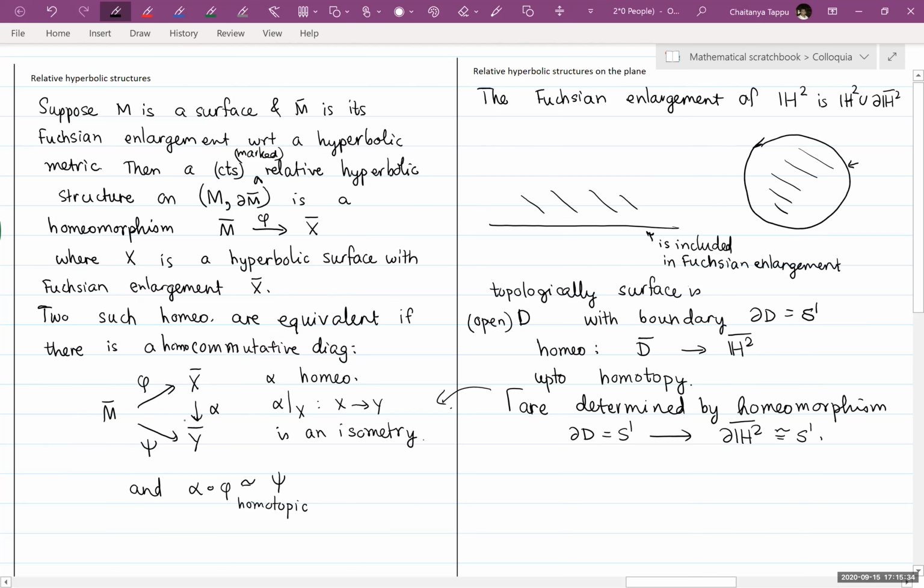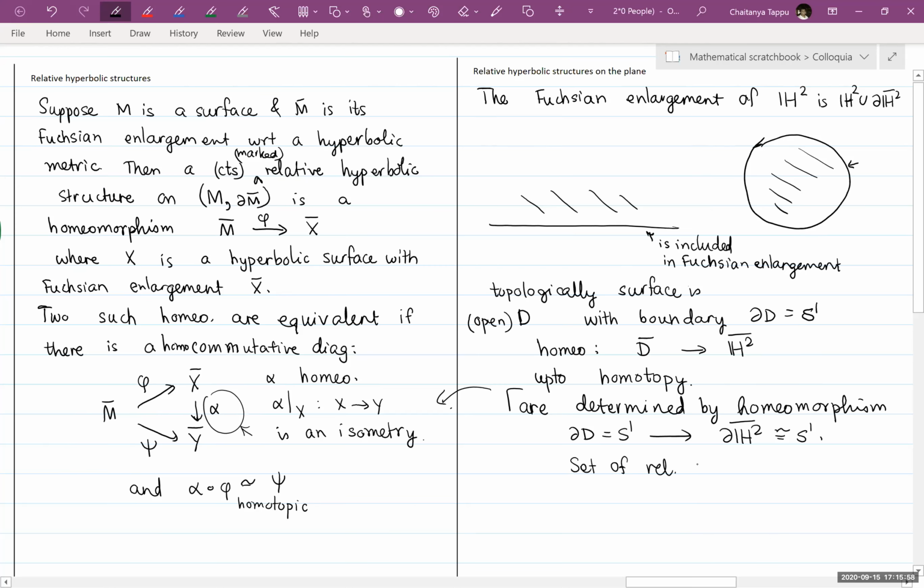And there is this pre-composition, post-composition condition of alpha. You could post-compose with an isometry and still get the same hyperbolic structure. So you need to quotient by the set of isometries of the hyperbolic plane.